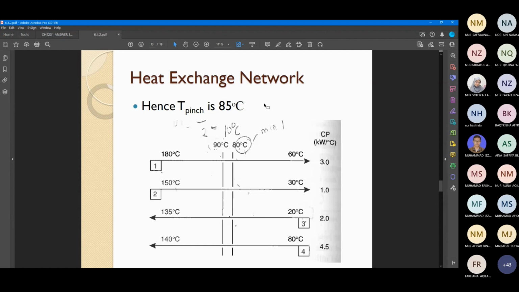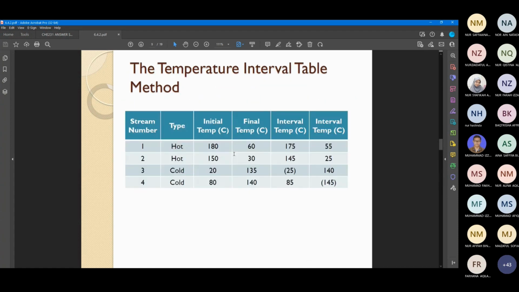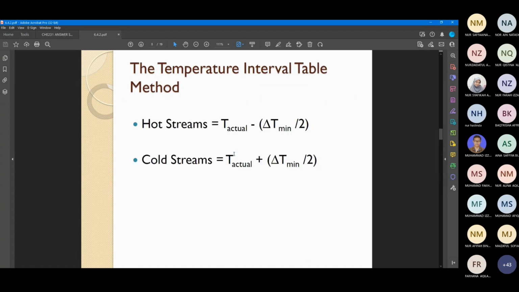If you follow the previous formula, the hot stream will have 90 degrees Celsius and the cold stream will have 80 degrees Celsius. So if you refer to this, it will be the one that you look at here. This one.